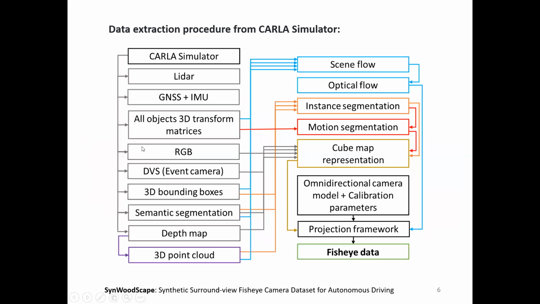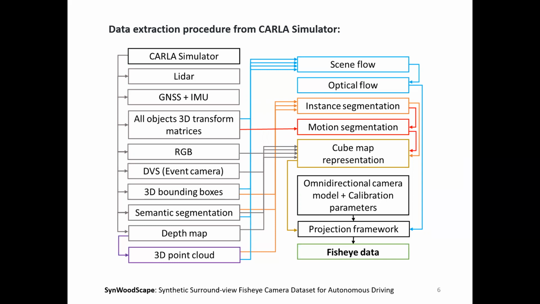To generate the SynWoodScape dataset, we chose to use the CARLA simulator, which offers multiple ground truth data that gave us the possibility to combine them and compute new ones, as shown in the diagram. All data in gray boxes are directly extracted from CARLA, and the colored ones are computed by us. For example, we use depth maps to compute 3D point clouds that allow us to use 3D bounding boxes to generate instance segmentation.